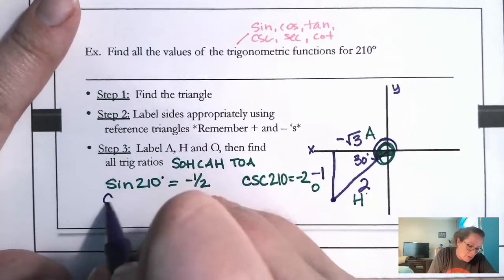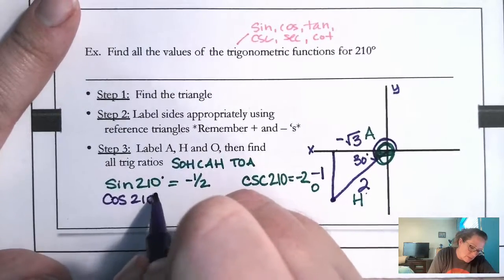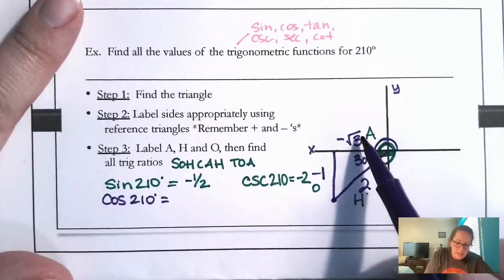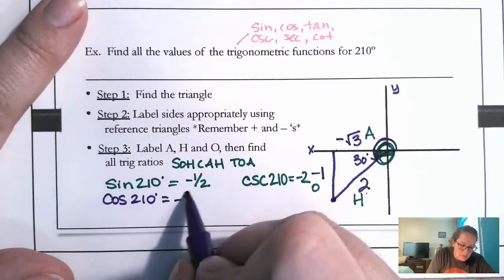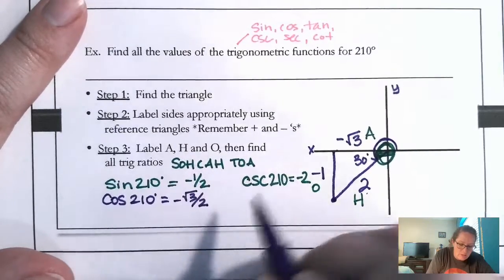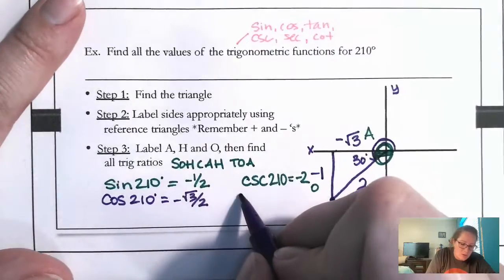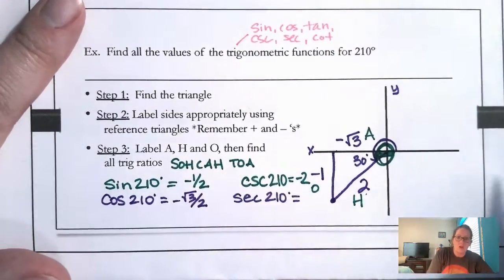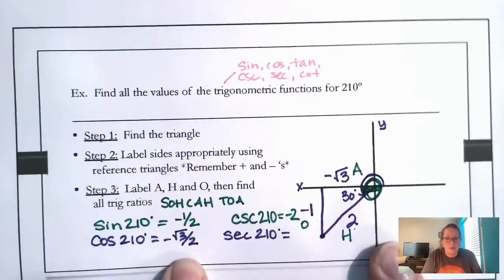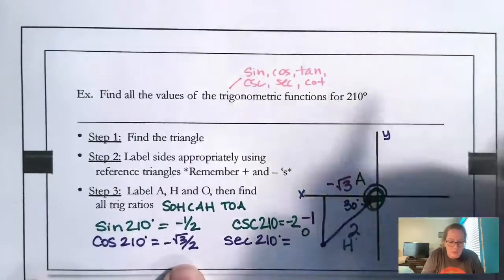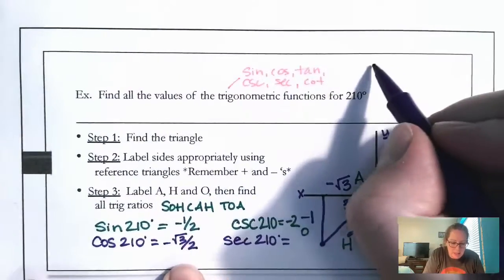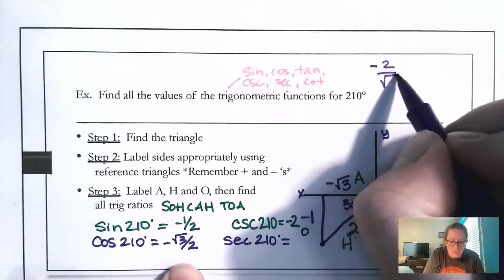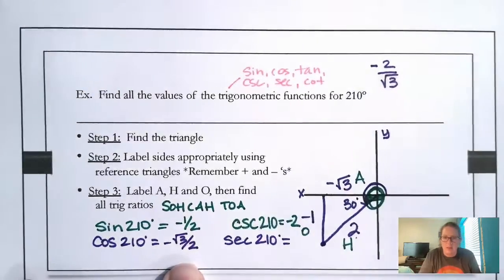Okay, so now we're going to do cos of 210 degrees. Cosine is A over H, so we're going to get negative square root of 3 over the hypotenuse. However, when you go to reciprocate this guy, let's look at this up here. So we got negative root 3 over 2. If I reciprocate that, I'm going to get negative 2 over square root of 3, right? Negative doesn't matter. Top, bottom doesn't matter.